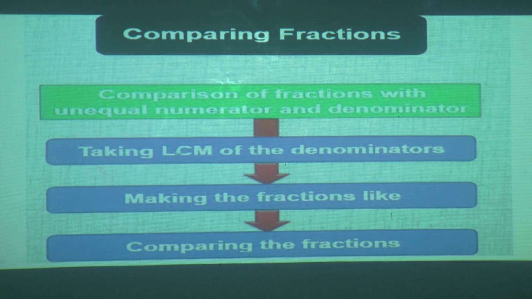When the denominators are different, we can't do the direct operation, so first we take the LCM of the denominators to make the fractions like fractions. First make the denominators equal, and then compare which fraction is greater or which is smaller.